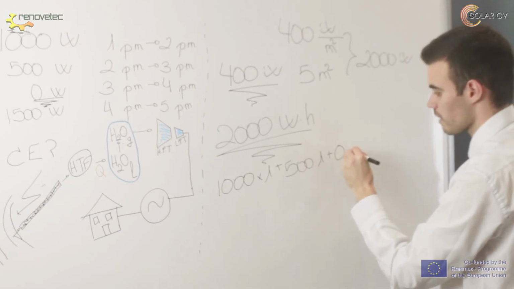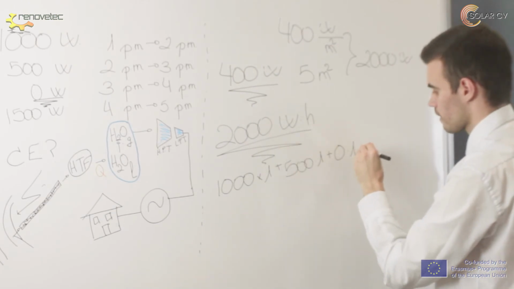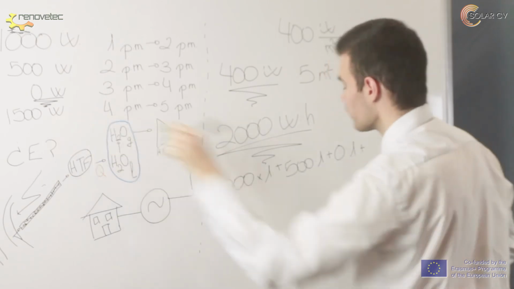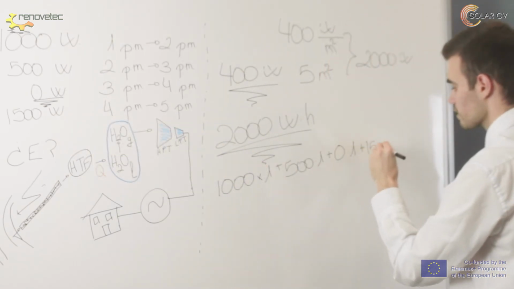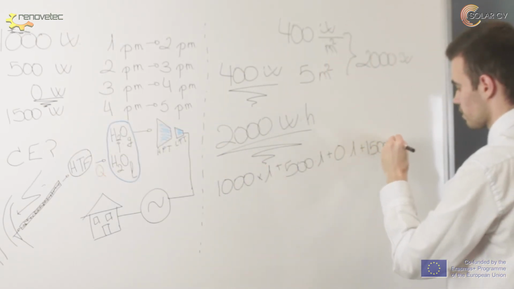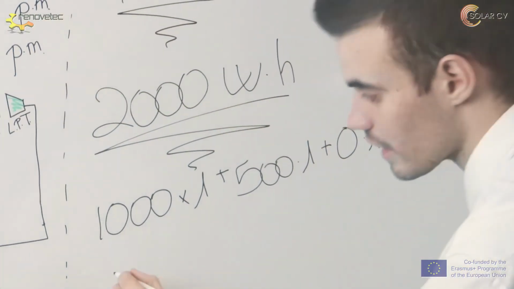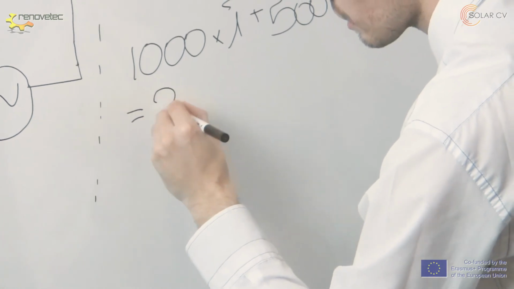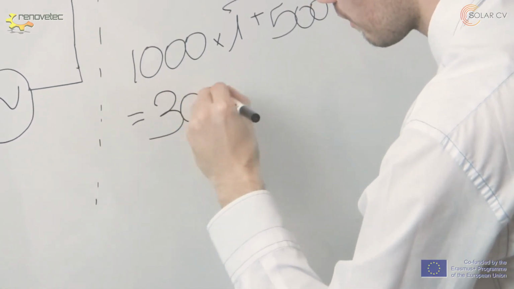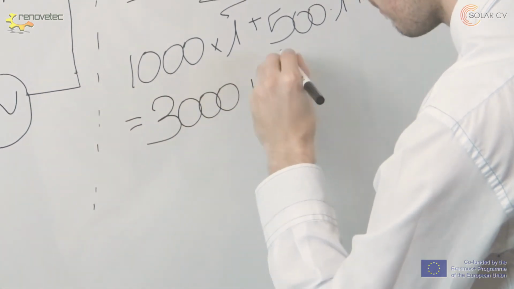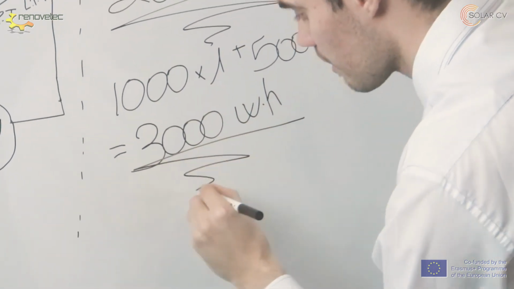So 0 multiplied by 1 hour plus 1500 watts multiplied by 1 hour. And the total amount is 3000 watt-hours.